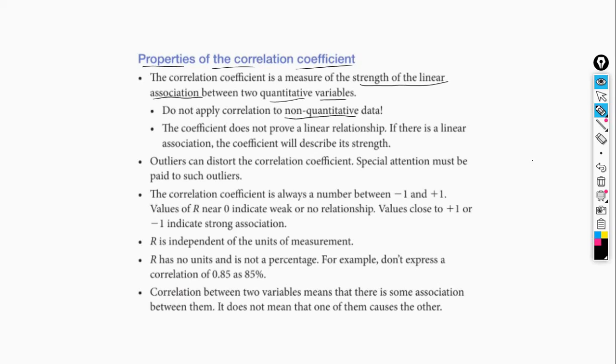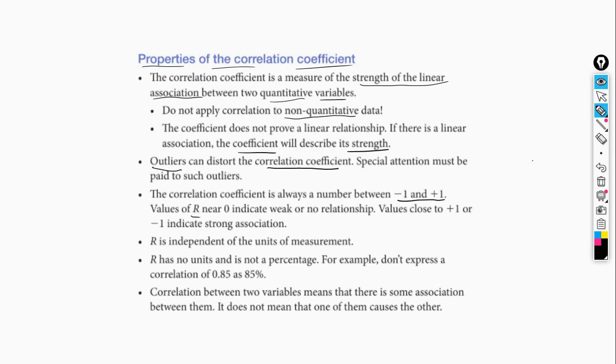The coefficient does not prove a linear relationship, but if there is a linear relationship or association, the coefficient will describe its strength. Outliers can distort the correlation coefficient, so special attention must be paid to outliers. We saw that before. The correlation coefficient is always a number between -1 and +1.